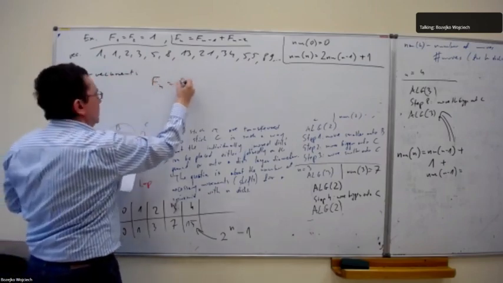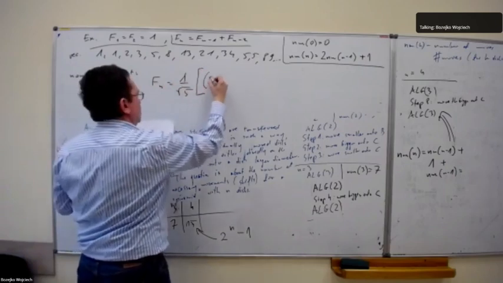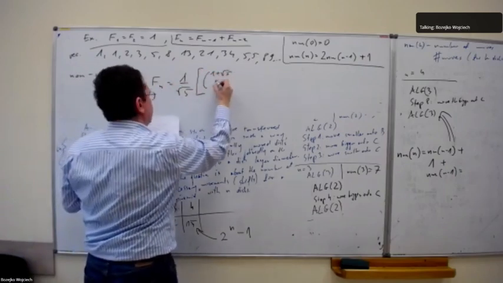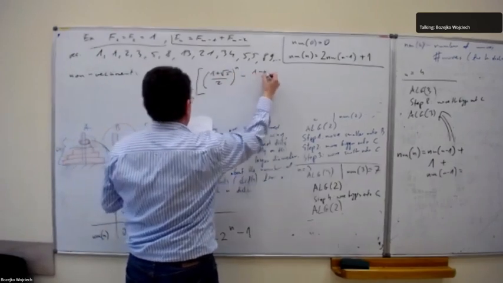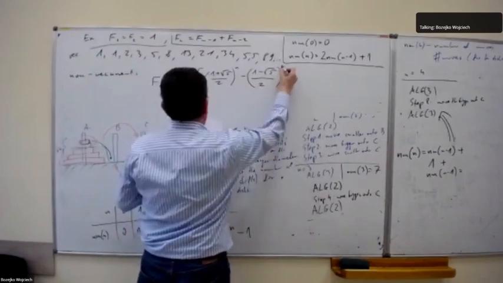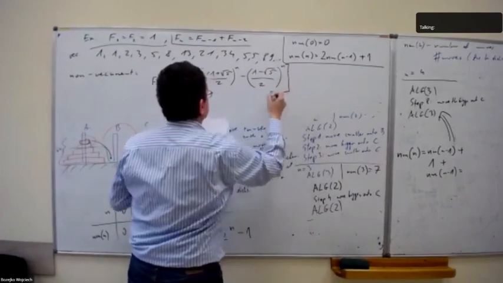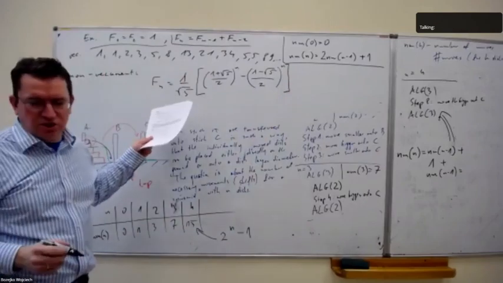Fn is 1 by square root of 5, times 1 plus square root of 5 divided by 2 to the power of n, minus 1 minus square root of 5 divided by 2 to the power of n. So it looks strange.